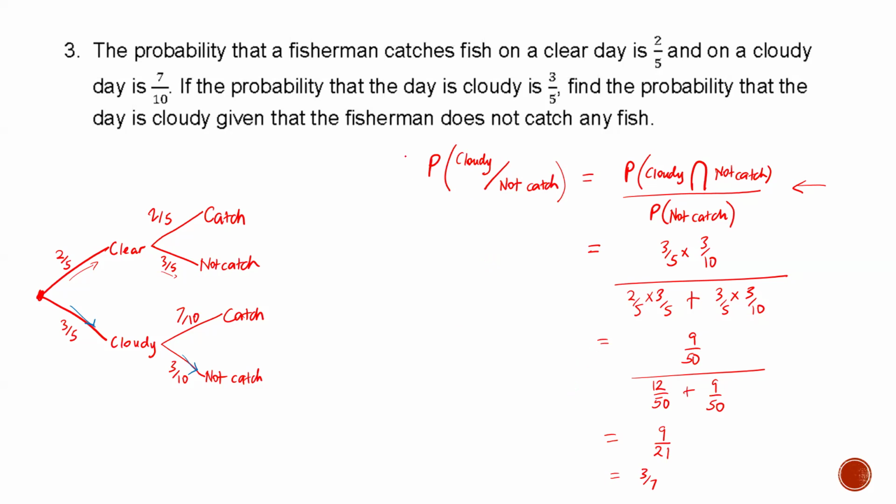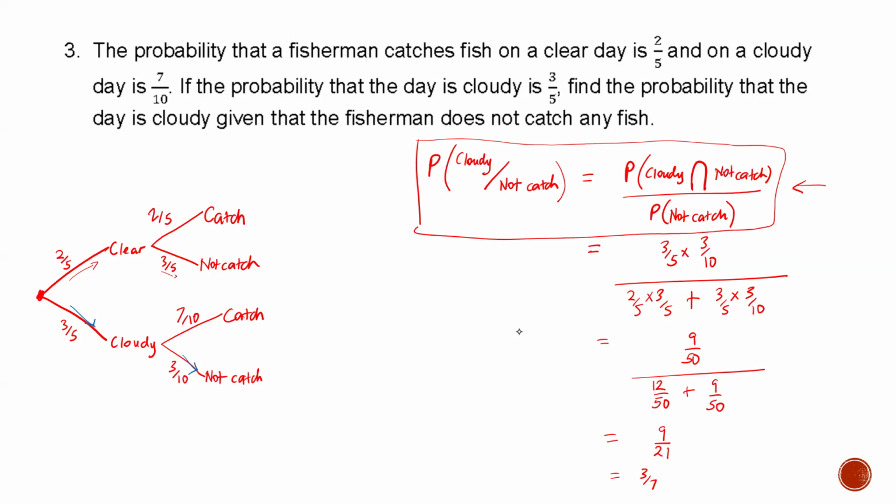So the first step really is the most important, that you interpret the question for what it wants. If you don't know what the question wants, then you can't solve the question. The question wants us to find the probability of it being cloudy, given that he didn't catch any fish.